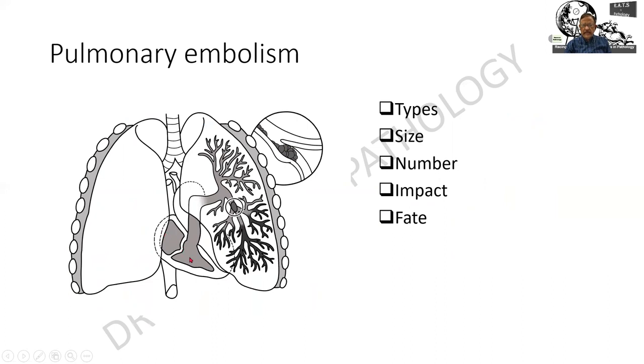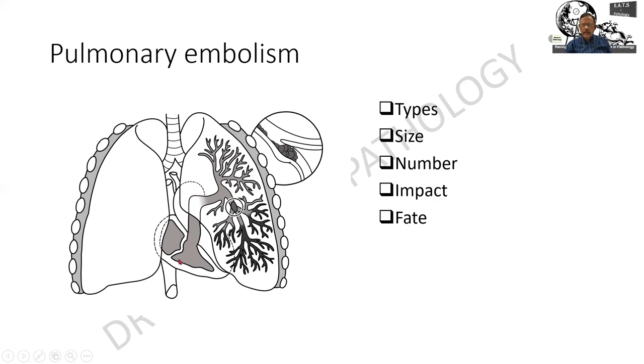From the right side, the thrombus will go into the right ventricle and into the pulmonary artery. The pulmonary artery is a very large artery, it bifurcates and goes to both the lungs. The pulmonary embolism itself, we shall be seeing what the type is, the size, the number, and what impact it can make and what is the fate.